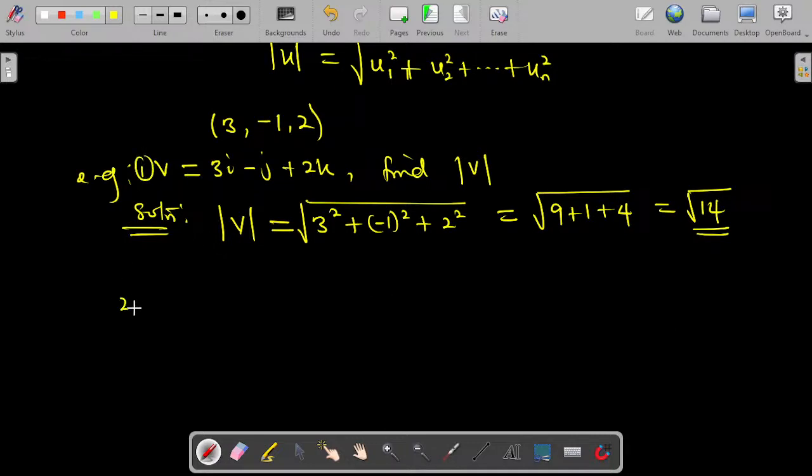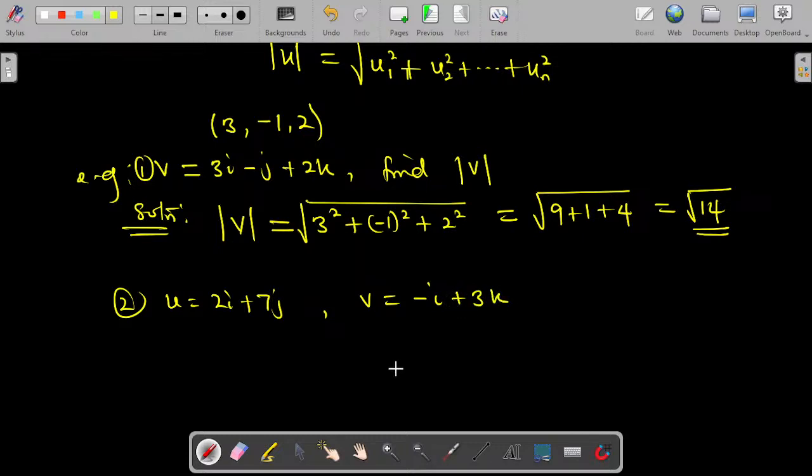So assume that you have something like this. Let's take it that u is equal to 2i plus 7j, and my v is equal to something like, let's say, minus i and then plus 3k.